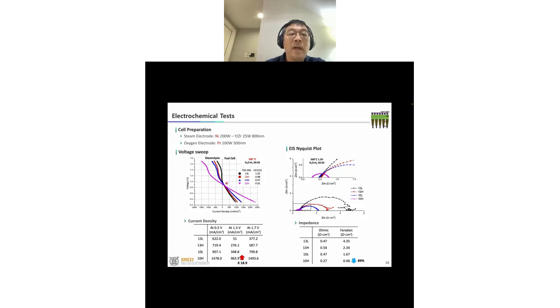We typically use nickel as the steam electrode, and in this case, just for testing the electrolyte, we use platinum as the oxygen electrode. It turns out that when you have the dense and good polycrystalline structure, as we expected, it shows the best performance, in fuel cell mode or even in electrolysis mode.